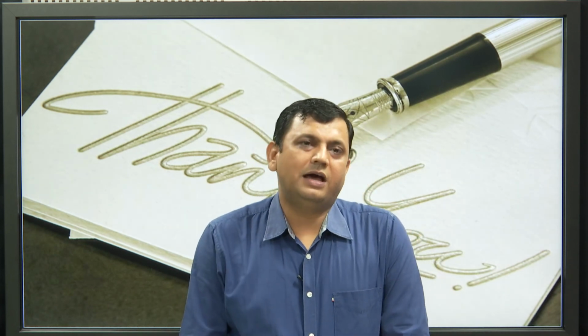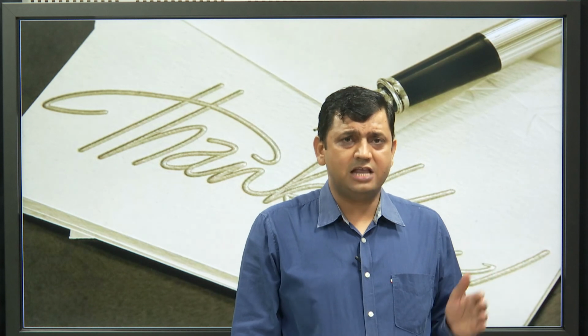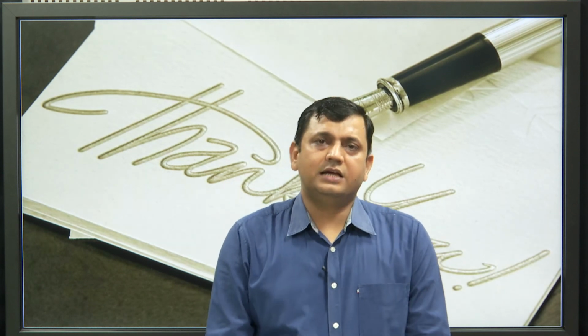So now we have covered the effect of friction, the effect of acceleration, the ideal indicator diagram, and the real indicator diagram. In the next session we will cover the combined effect of both. Thank you.